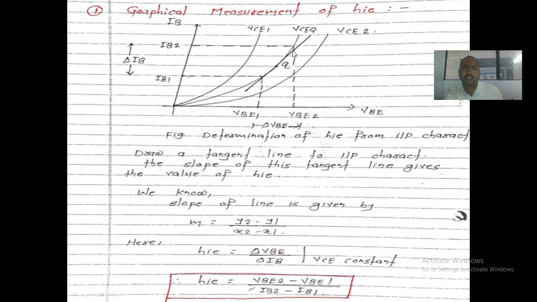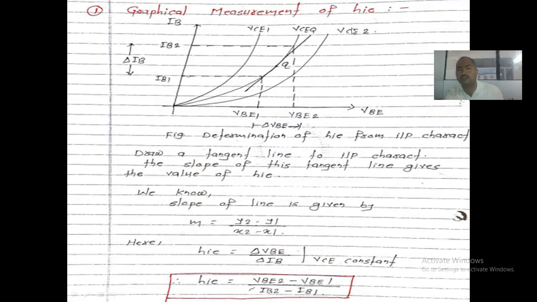At that point, this is the characteristic. A tangent is a line drawn on this characteristic, right? When the line is drawn, we have to find out the slope.